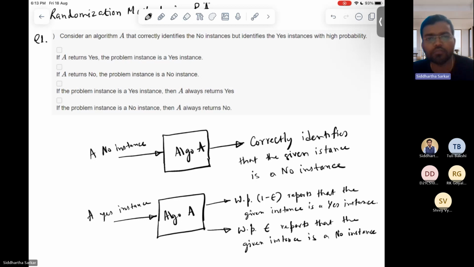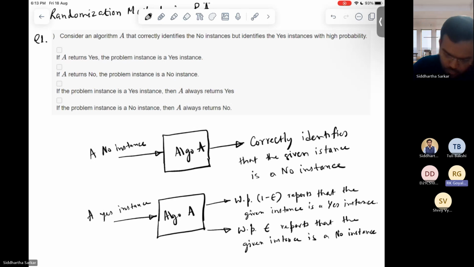So what do you think about the first option? So it seems that here B and D are true and A is not true as such.